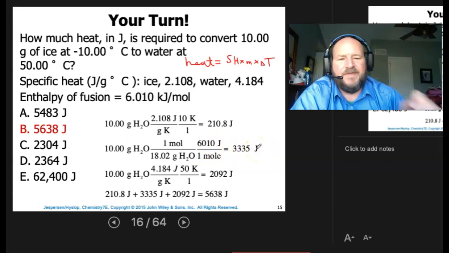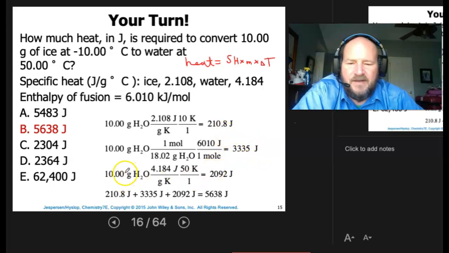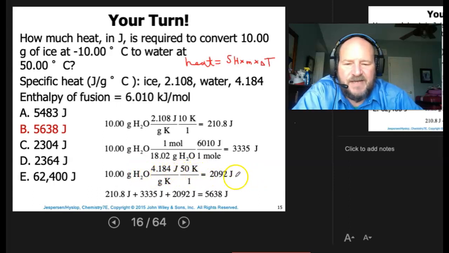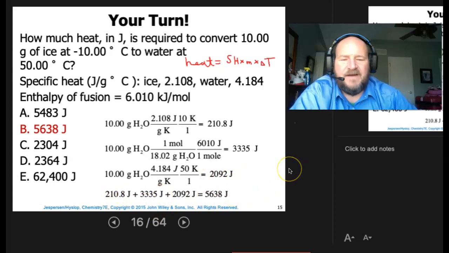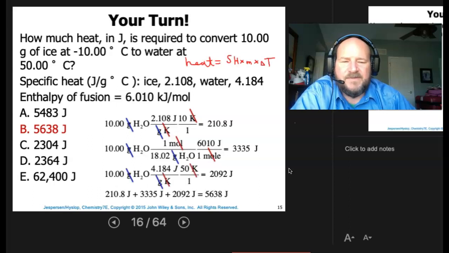Now remember, we had to put that in, right? So that's going to be a positive value. Then we had 10 grams of water as a liquid at 50 degree change. That gave us 2,092 joules. We then sum them all up, and that's how we got the 5,638. Grams and Kelvin will all cancel out, then grams and mole, and then grams and Kelvin once again.